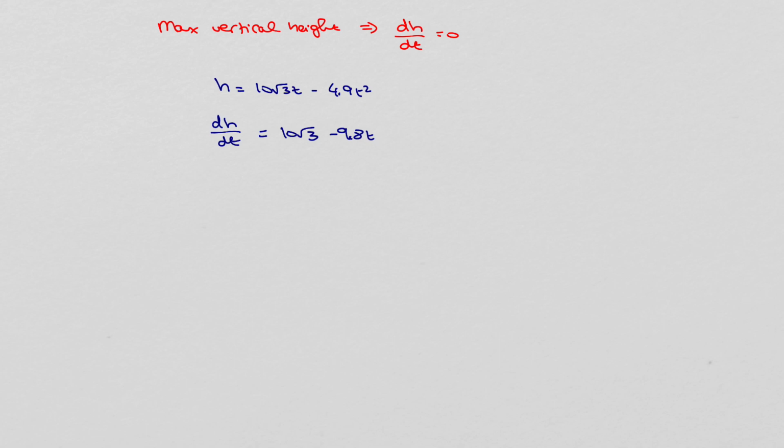And then by letting that equal to 0, that gives me 10 root 3 minus 9.8t equals 0. And therefore t must be equal to 10 root 3 divided by 9.8. And that gives me 50 root 3 over 49 seconds.